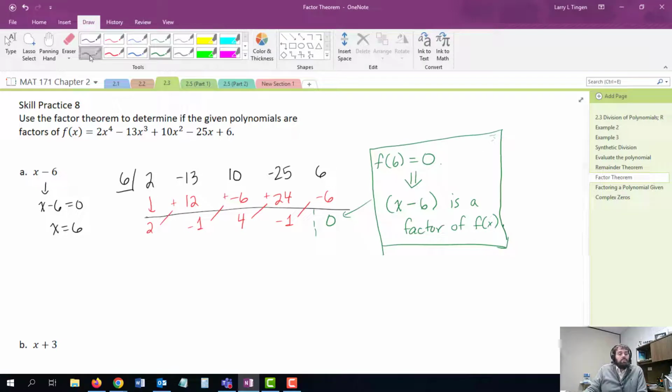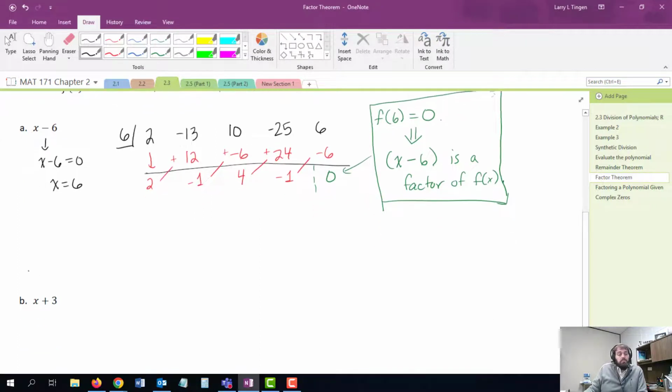Next is x plus 3. Remember the game. That means, what am I looking at? Negative 3. So there's negative 3. Coefficients stay the same. Negative 25. 6.